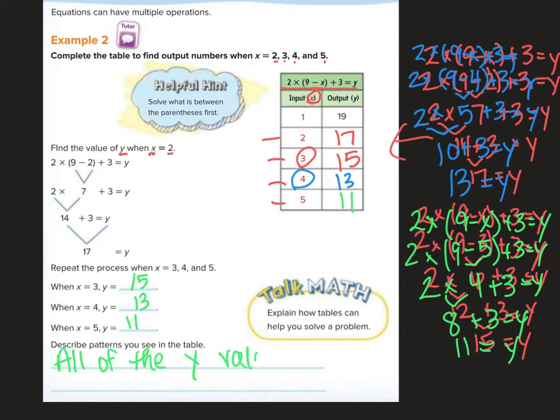The y values are odd, which is interesting because sometimes the x's are even. If it's an odd number, output odd. Even number, output odd. Odd number, output odd. Isn't that interesting? So no matter what number we put in here, we're always getting an odd number. I think that's kind of cool.